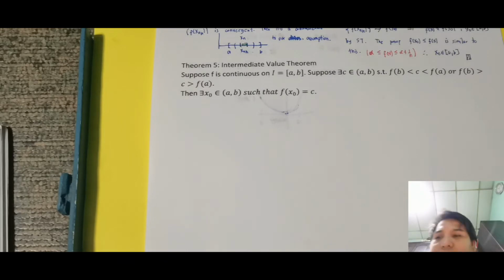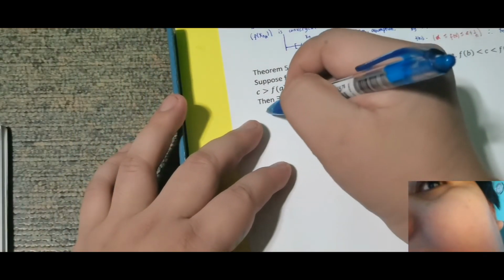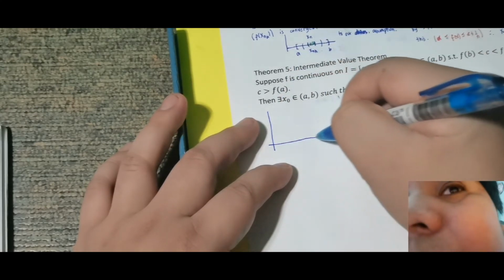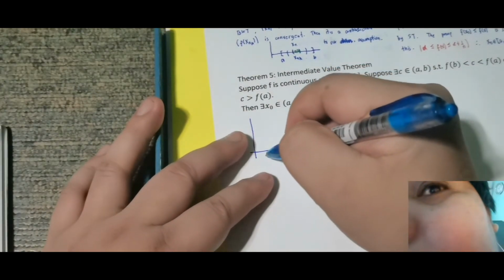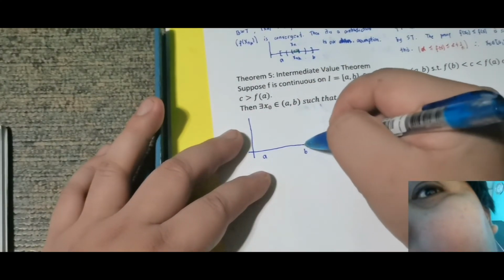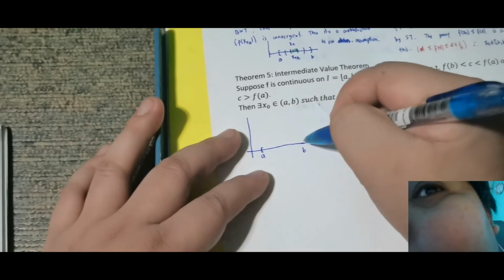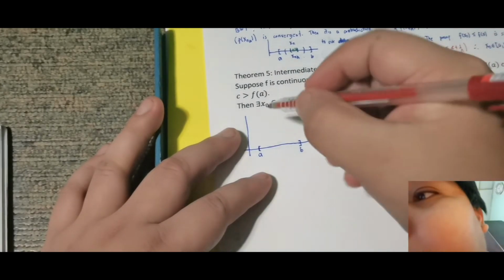So, ano ba ibig sabihin na itong IVT na to? So, in terms of drawing, gawa tayo dito. Okay, so let's say, nandito si A. Let's say, nandito si B. Somewhere dito. So, ito yung closed interval AB. Okay, so, ito yung function natin.